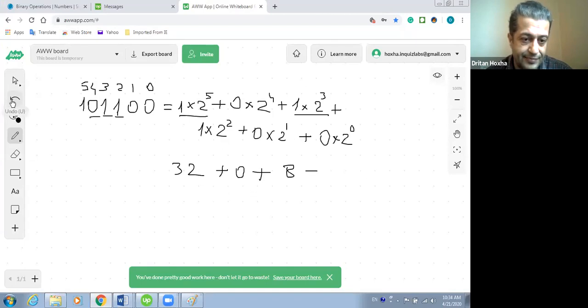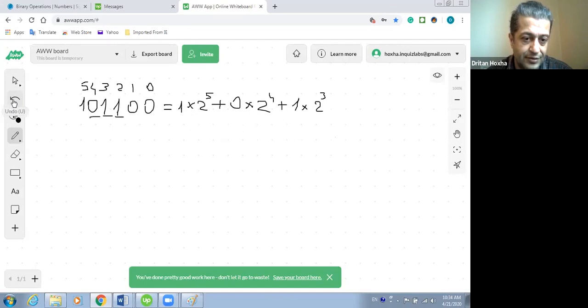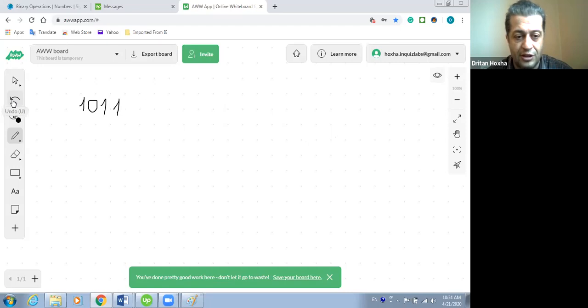I'm cleaning this part up. 94 is to be converted into base 2.